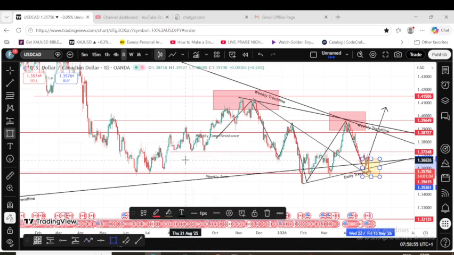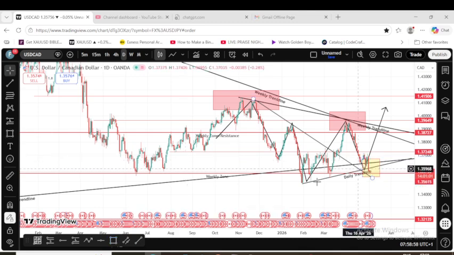That's the third bounce off the back of a bearish trend line, the third bounce of a bullish trend line, and that point is being guarded by a weekly zone.